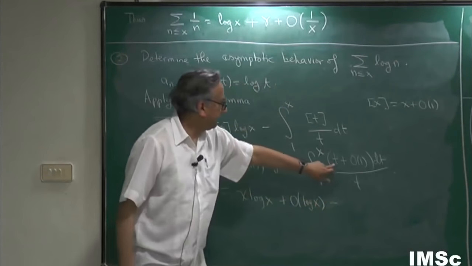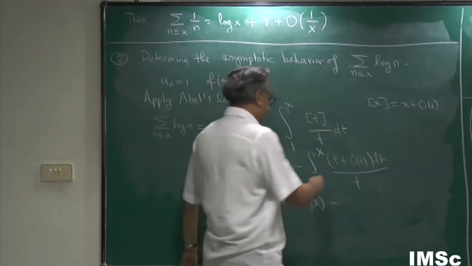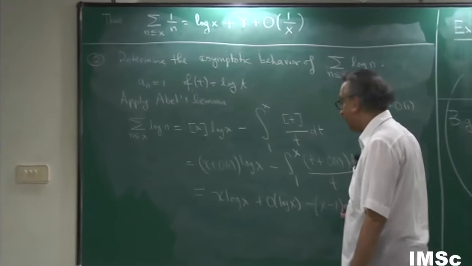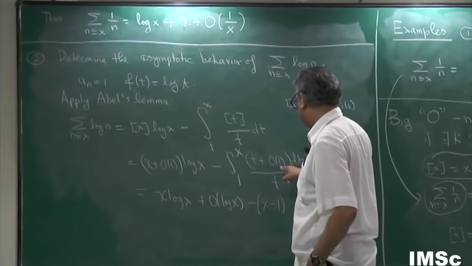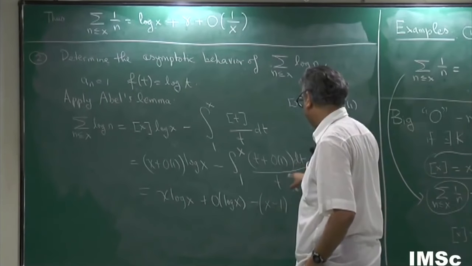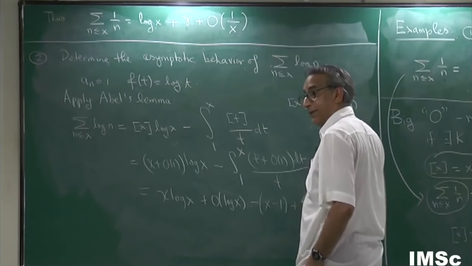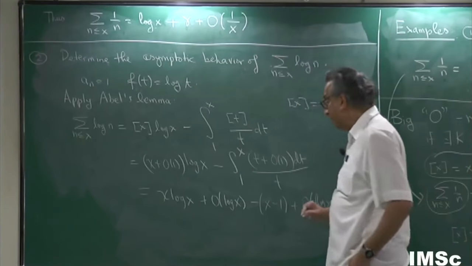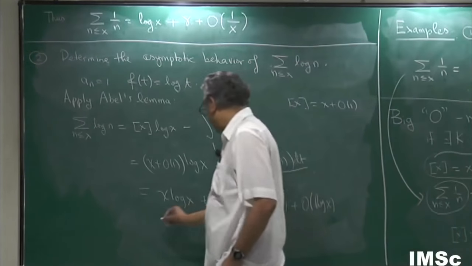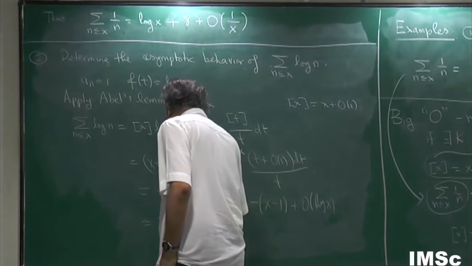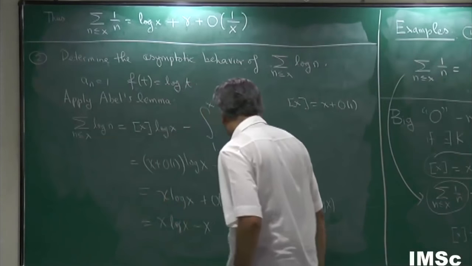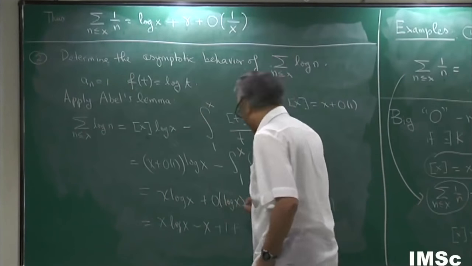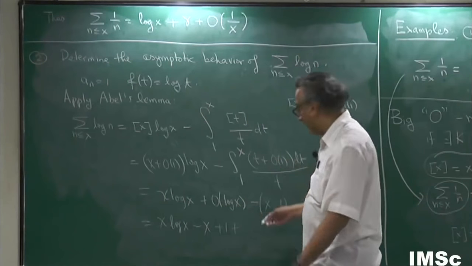Minus the integral of, well, t over t is just 1, and the integral of 1 is x minus 1, right? And then I have an integral of big O of 1 dt by t, which is big O of log x. Now, what I have here is x log x minus x plus 1 plus O of log x plus another O of log x, but that's O of log x again.